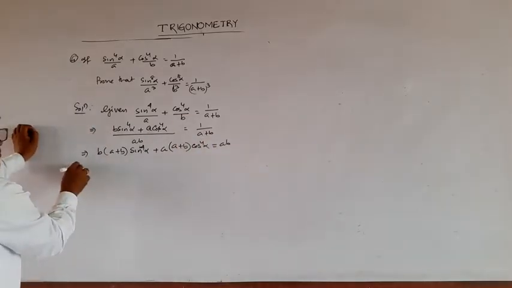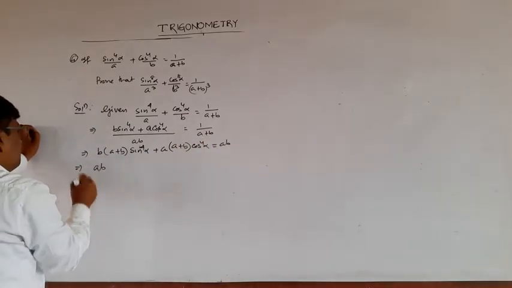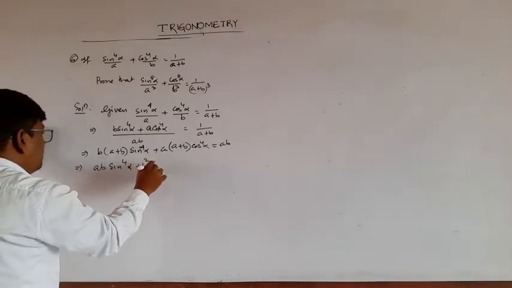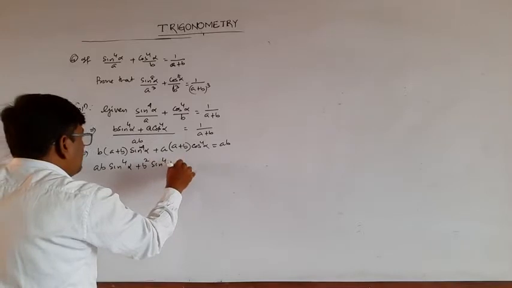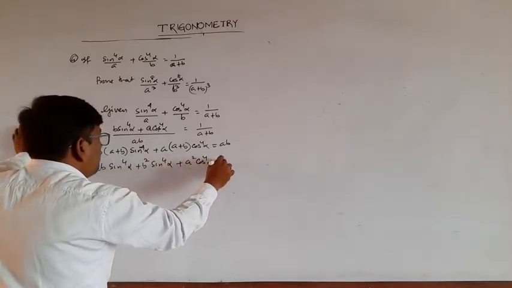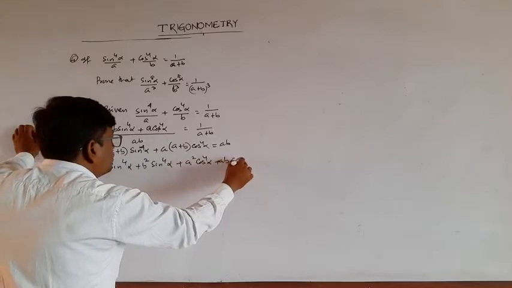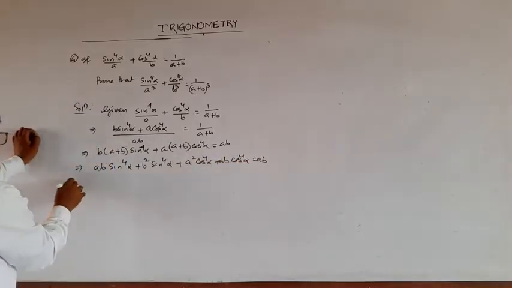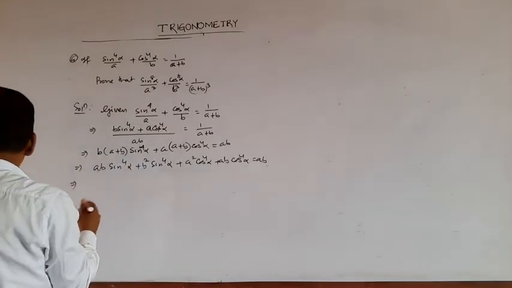Now multiply this: ab sin⁴α plus b² sin⁴α plus a² cos⁴α plus ab cos⁴α is equal to ab. Now arrange this.